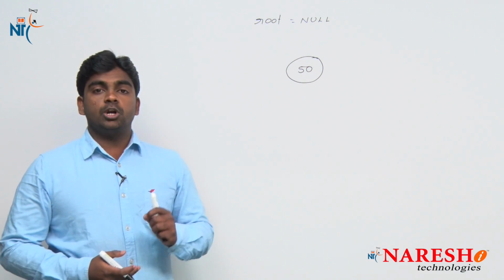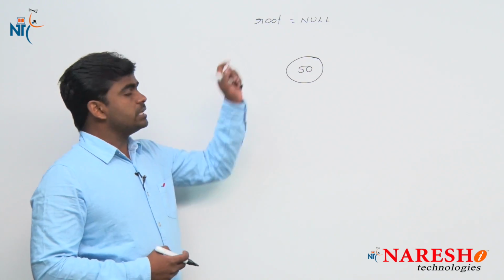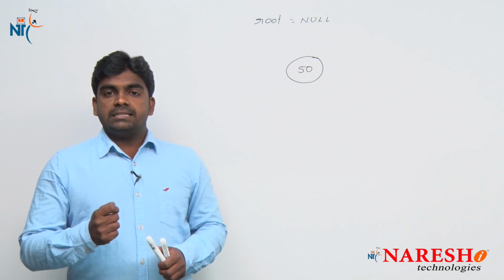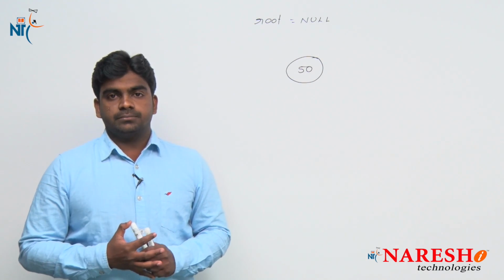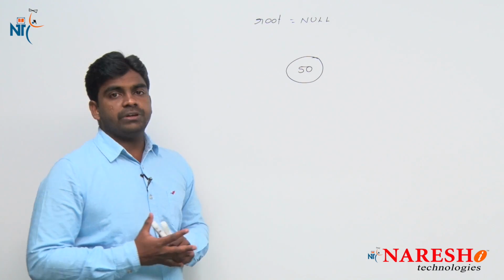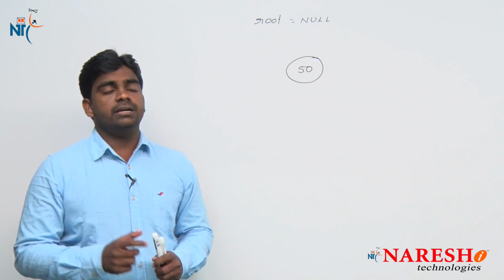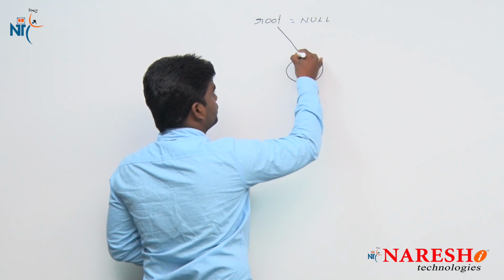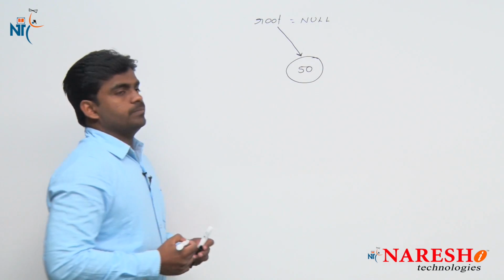Where do we connect it? First we check whether the root is pointing to any node, that is, whether the tree contains any nodes. This is the first node we created, so root should point directly to this node. It's the root node.